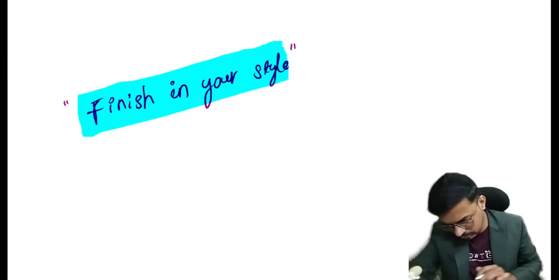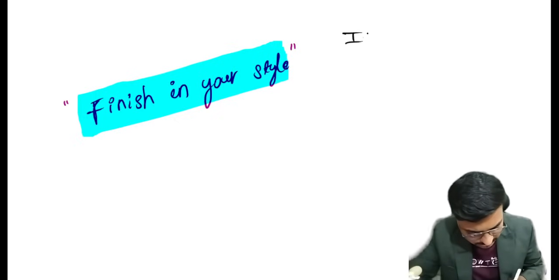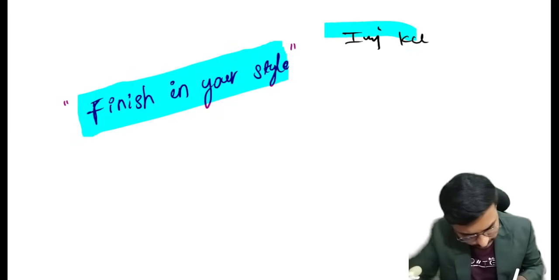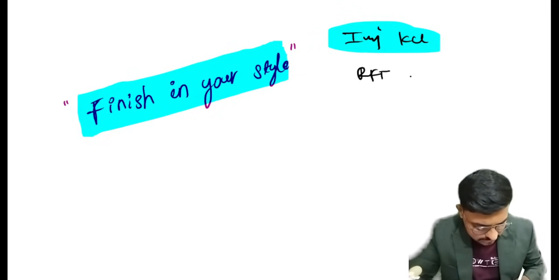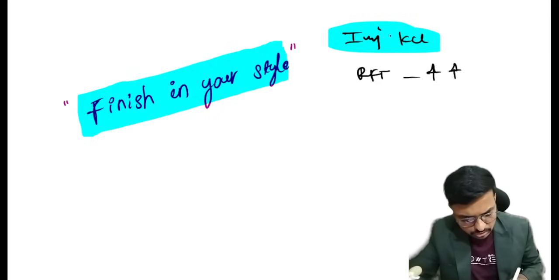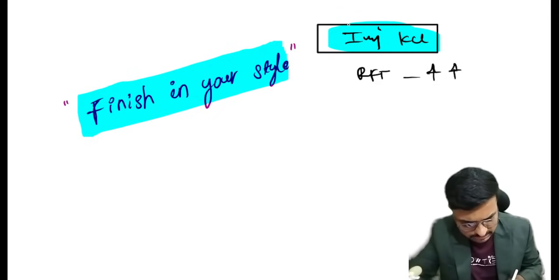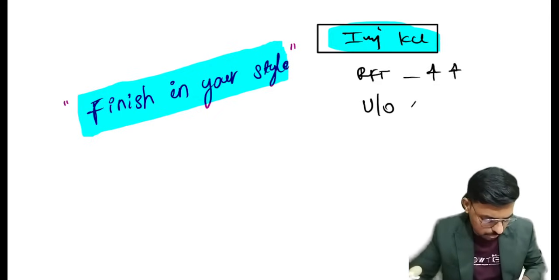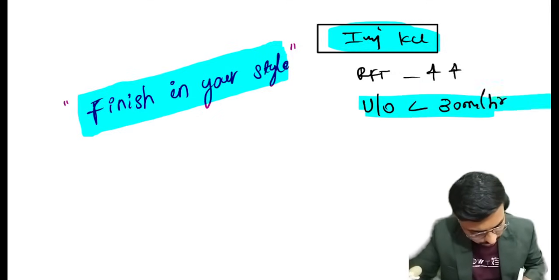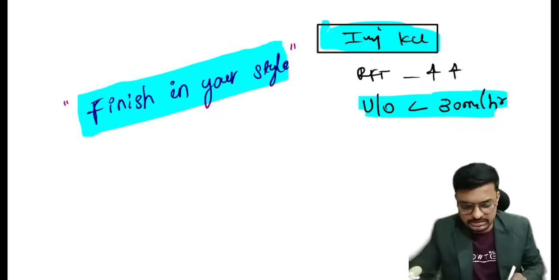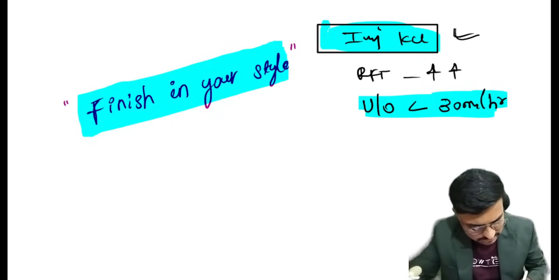One more clinical question, very important: injection KCL. Before giving the injection KCL, we need to assess the renal function test and again the urine output. If the RFT, renal function test, shows creatinine is high and blood urea nitrogen is high, we will not administer injection KCL. And if the urine output is less than 30 ml per hour, again don't administer the injection KCL, because KCL also gets excreted by the kidney.